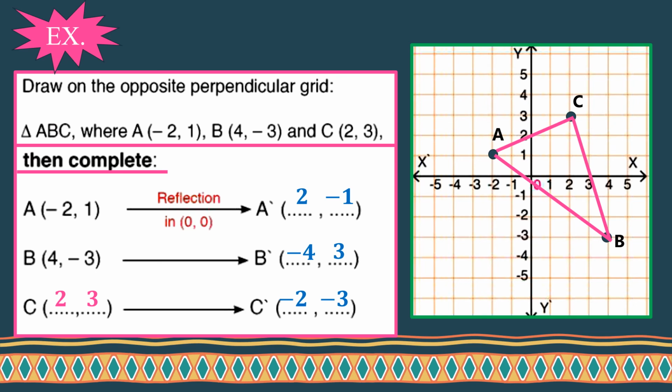This is the original triangle ABC. And the reflection of this original triangle becomes A dash (2, -1), B dash (-4, 3), C dash (-2, -3). Connect the points, and this is our drawing.